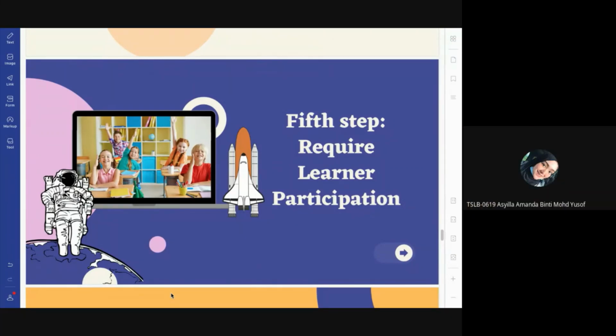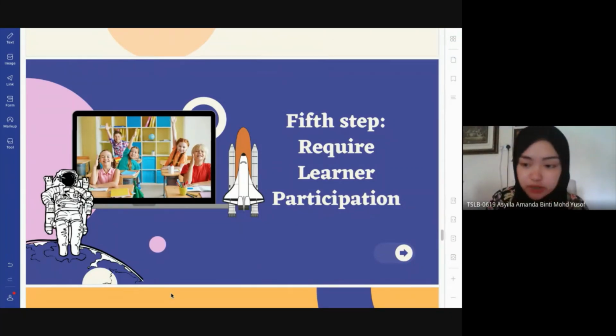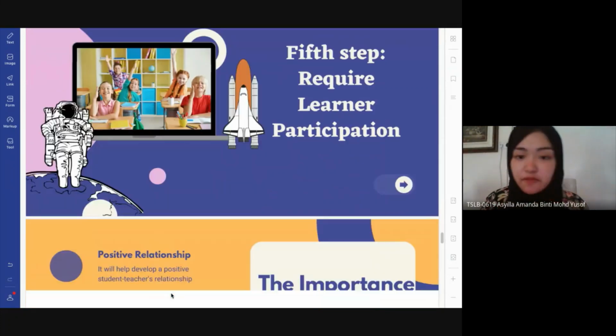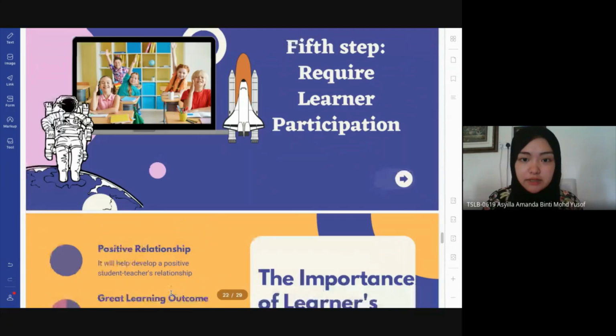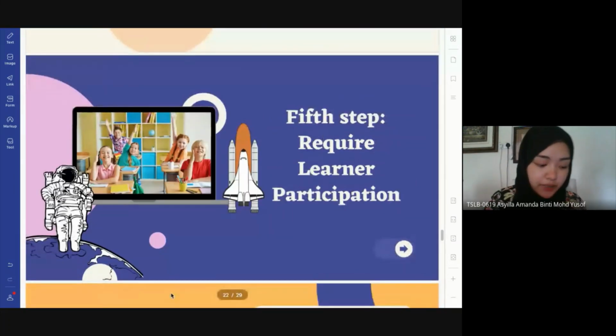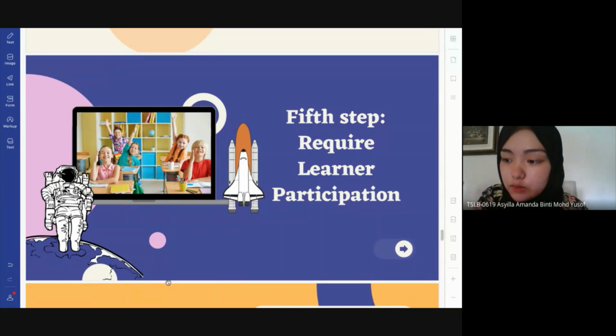Okay, so I'll be starting off with my point, which is require learners' participation. Before I elaborate more about this point, it is very important to note that students learn best when they are very active in engaging and involving in the learning and teaching process.